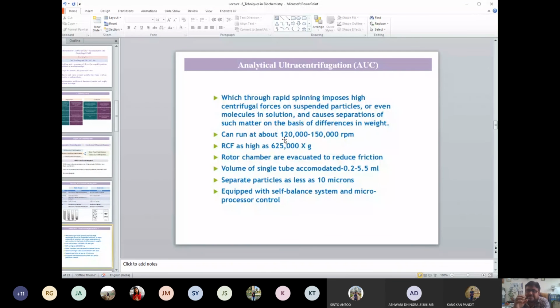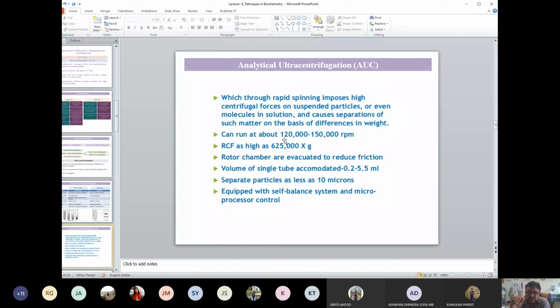Regarding separation, you can separate a particle as small as 10 micron, as I have written here, and the volume, as we are doing in our lab, from 0.2 to 5.5 ml, that much volume you can use in ultracentrifugation, and then you can separate the particle with very high purity.